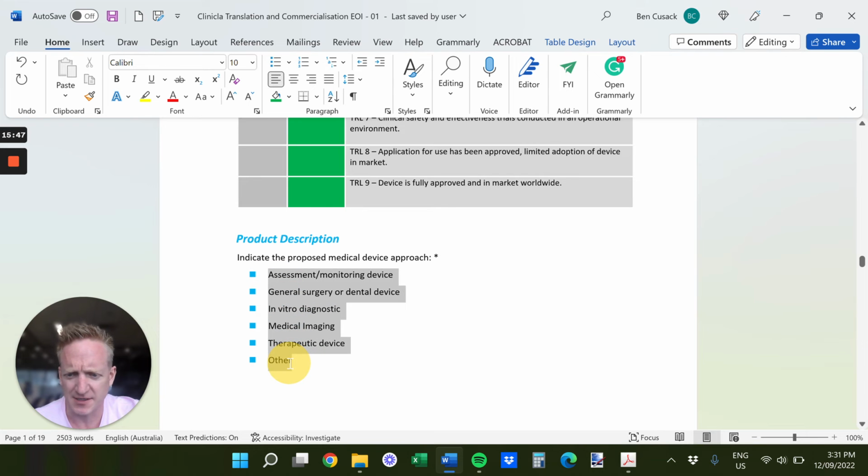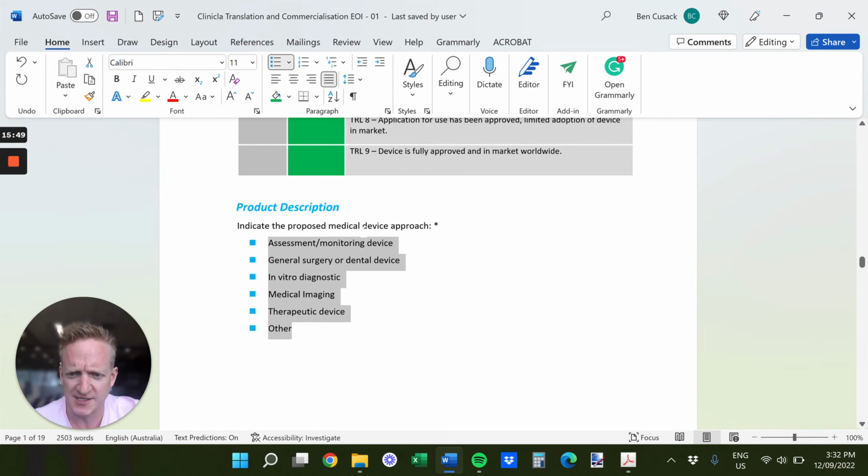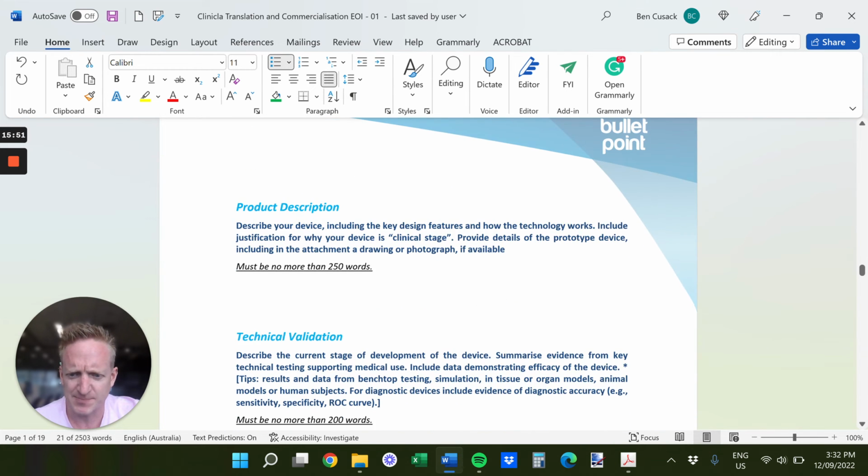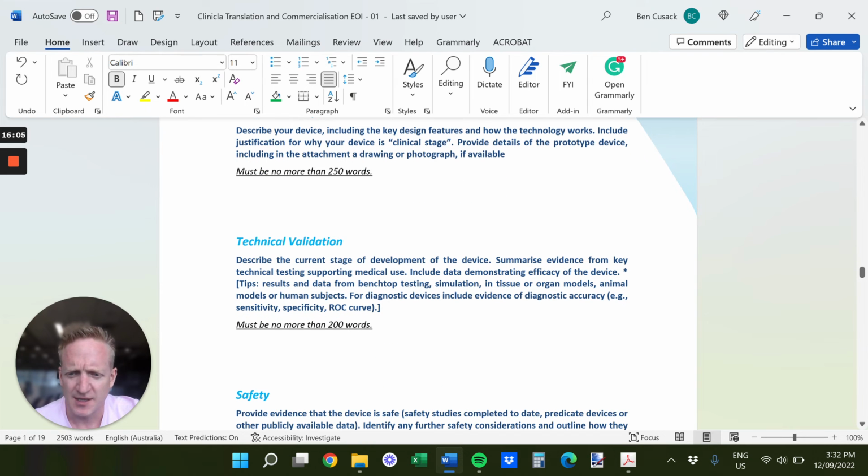Okay, so you'll know where you are with your product, where it sits in the medtech space. Describe the product. So what else have we got here? Obviously the drawing or product photograph of it, and a few of the key features. This comes back to the technical validation and the TRL level where you are at.